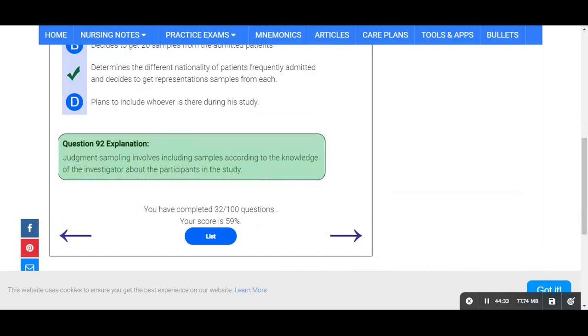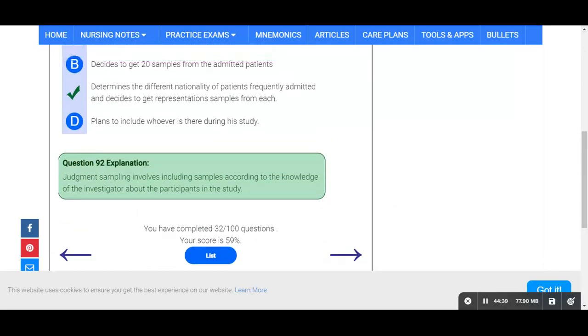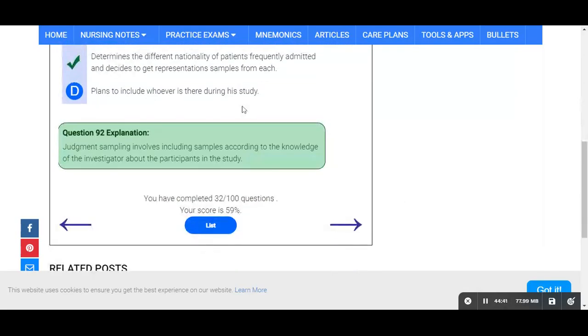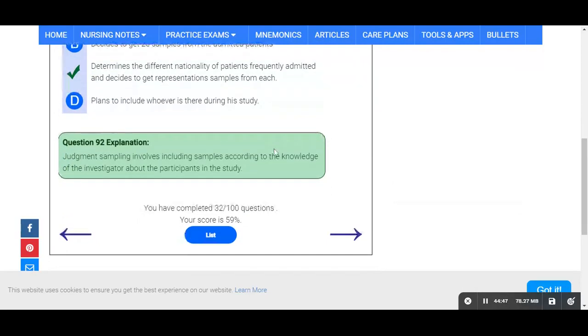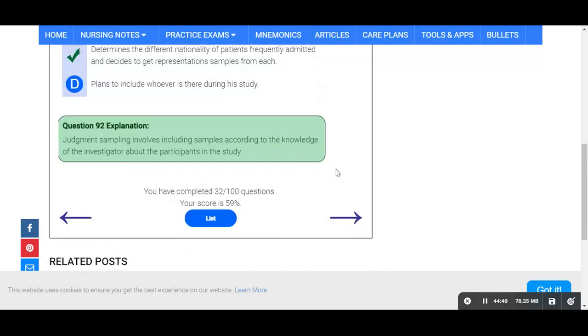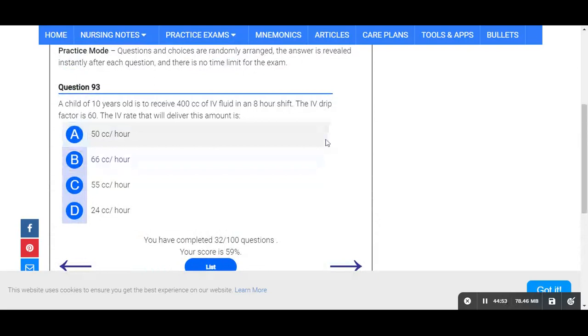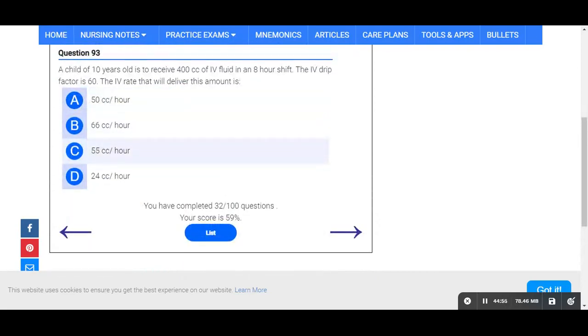Judgment sampling involves using samples according to the knowledge of the investigator about the participants of the study. So, for this question, I answered: determines the different nationalities of patients frequently admitted and decides to get representation samples from each. Let's try to answer the remaining questions in 5 or 10 minutes. We've got 7 questions left. Let's try to answer in 7 minutes.